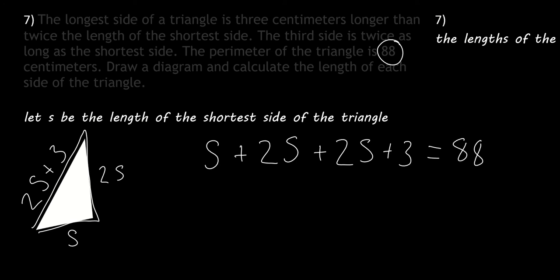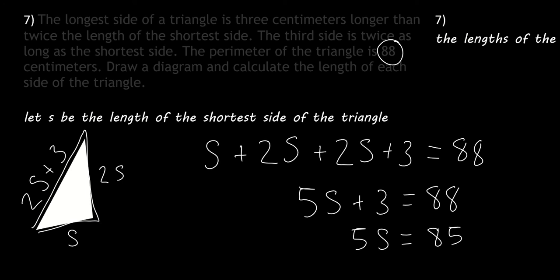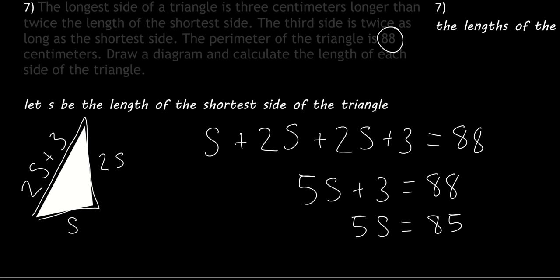So just simplifying this, I've got an s plus 2s, which is 3s, 3, 4, 5s, so 5 times s plus 3 is 88. If I subtract 3 from both sides, I get 5 times s is, what, 85? Of course, Mr. Roberts, 85. And if I divide both sides by 5, I get that s, the shortest side, is 17.